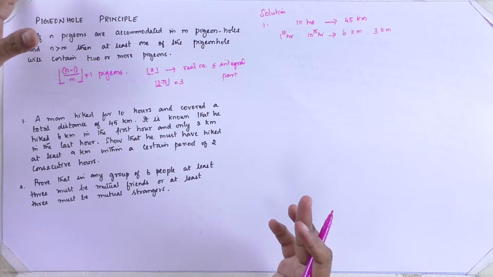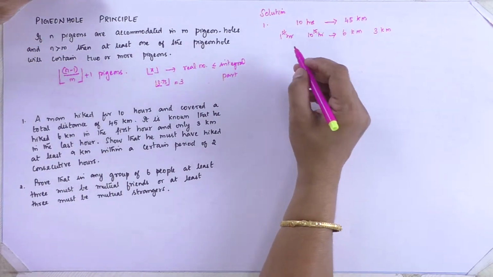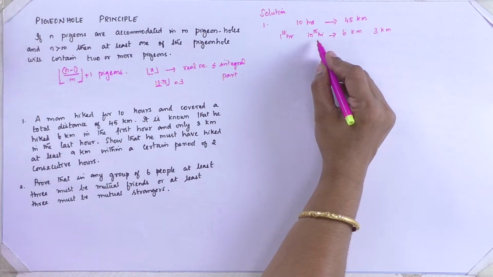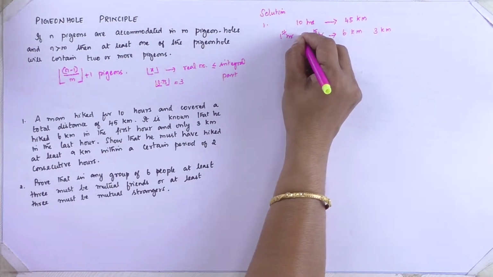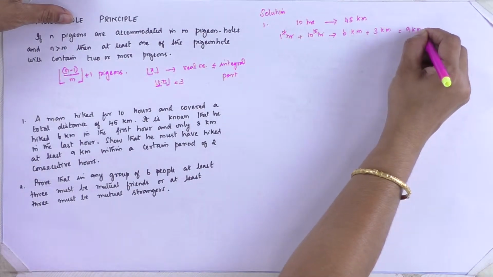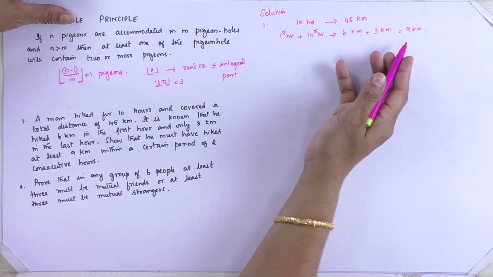So totally he has hiked for 10 hours and covered a distance of 45 kilometers. And it is given that in the first hour he covered 6 kilometers and in the 10th hour, that is the last hour, he covered 3. Put together, I have got 9 kilometers, right? So from the first and the last hour he covered 9 kilometers.